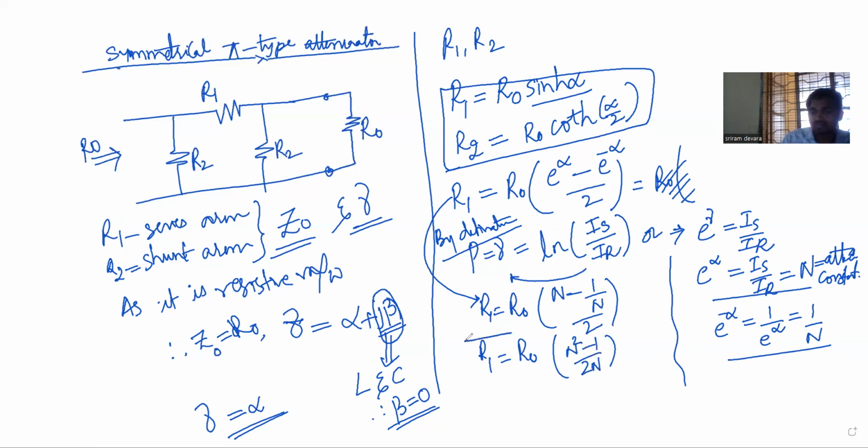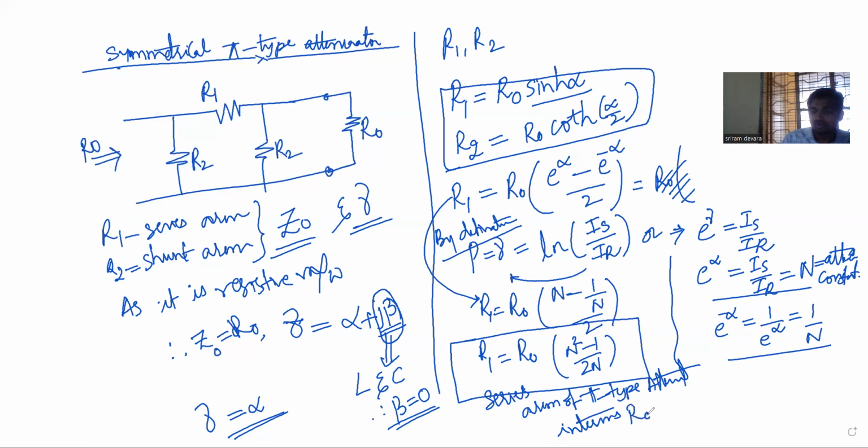This is the formula for the series arm of the pi-type attenuator in terms of R0 and the attenuation constant, or in terms of the propagation constant alpha only.